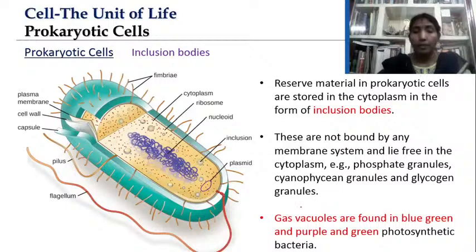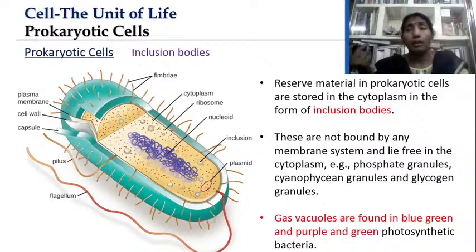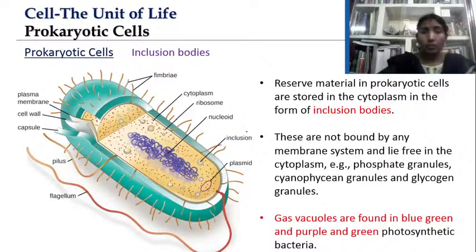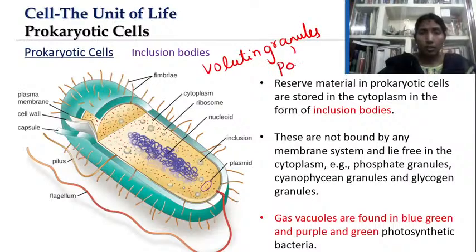Sometimes we see gas vacuoles also, like in blue-green and purple photosynthetic bacteria. We also have volutin granules that store phosphate.